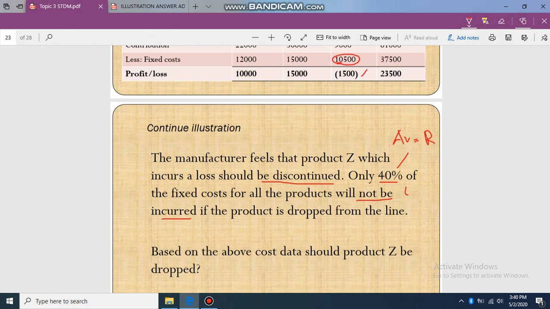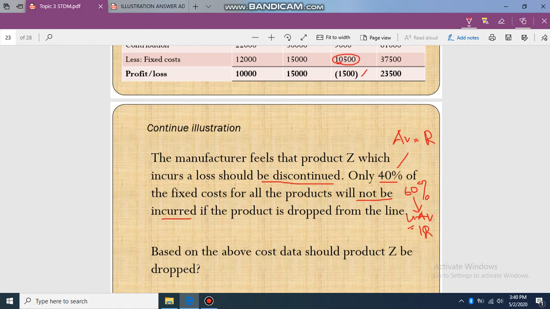For the 60% balance, if you produce Z, you have to pay. If you do not produce Z, you also have to pay. So this is unavoidable. When it's unavoidable, it does not affect your decision. So it is irrelevant.